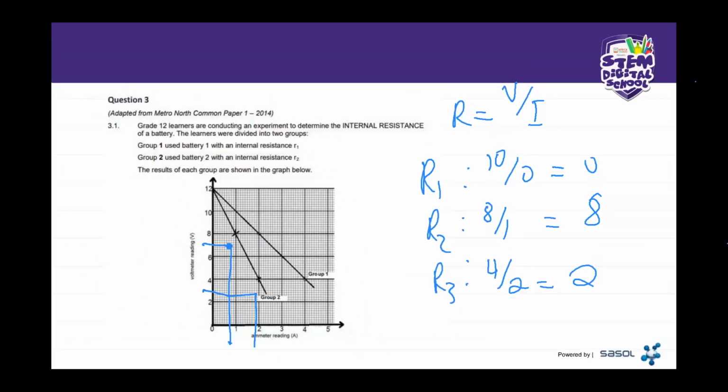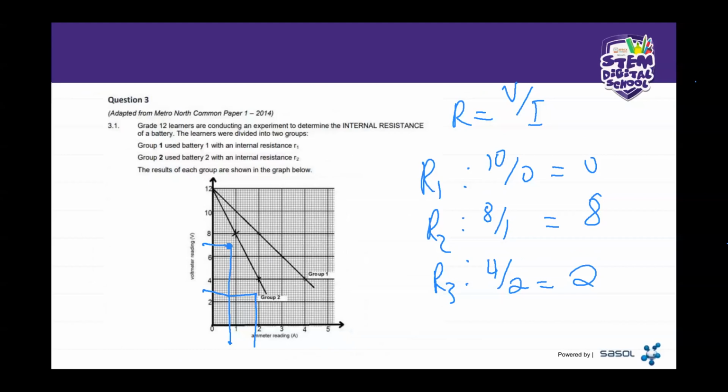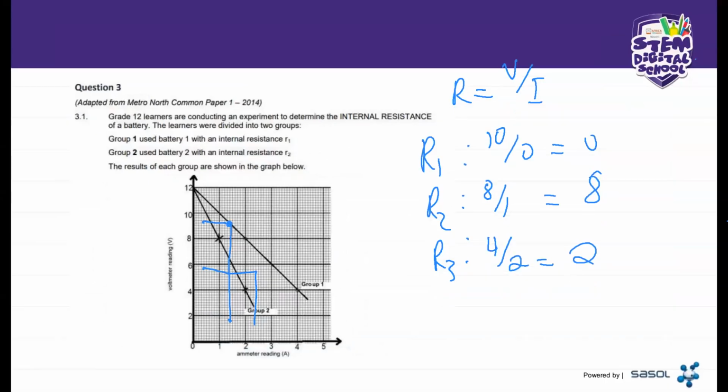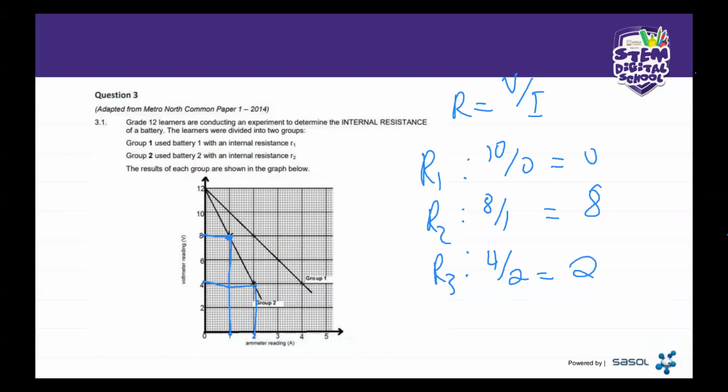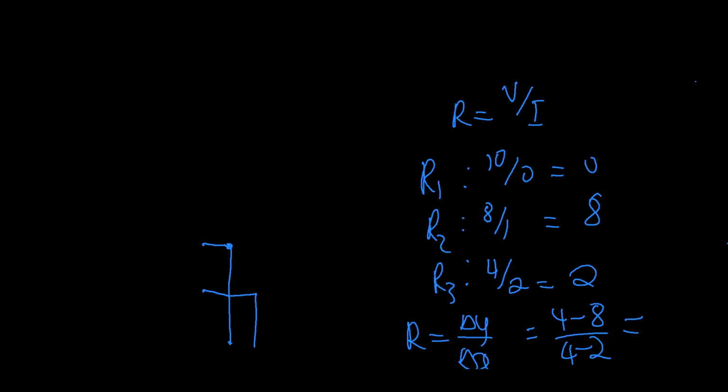You're going to have R2 as 8 and 2. So the resistance is equal to change in Y divided by change in X, which is equal to 4 minus 8 divided by 4 minus 2, and that will give you the answer that we have there.